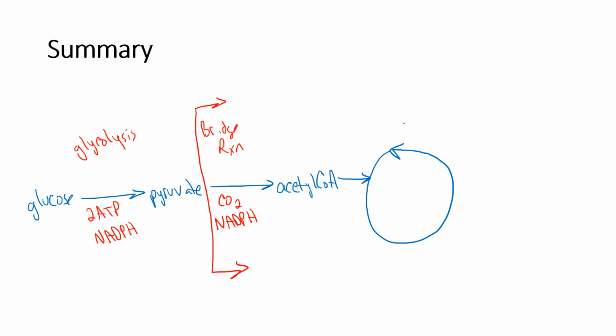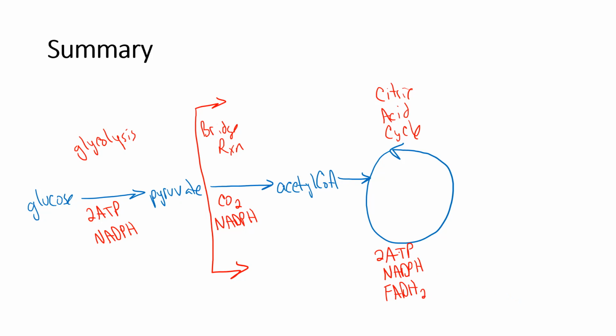Citric acid cycle. Okay, and out of the citric acid cycle, we get some more ATP, right? So we get another 2 ATP per molecule of glucose. We get some more NADH and another electron carrier, FADH2.